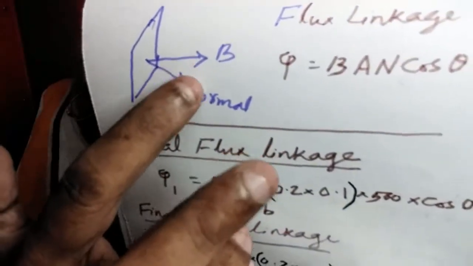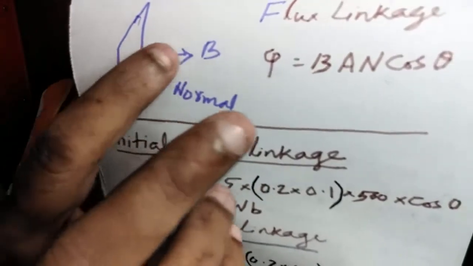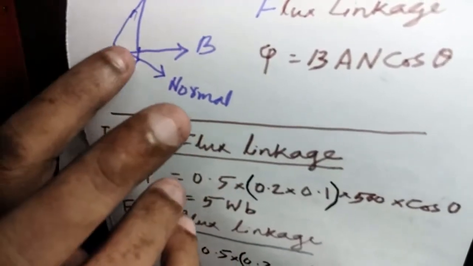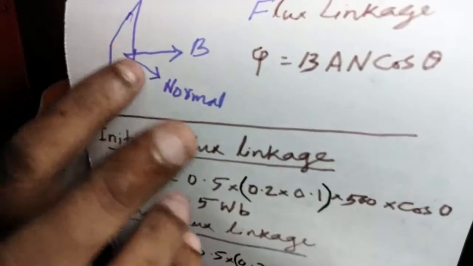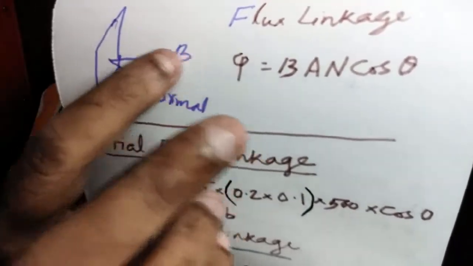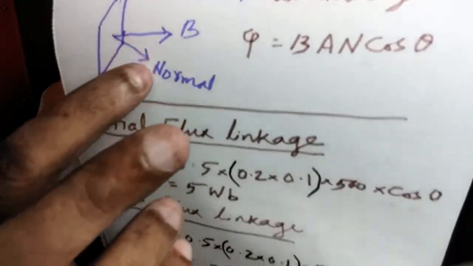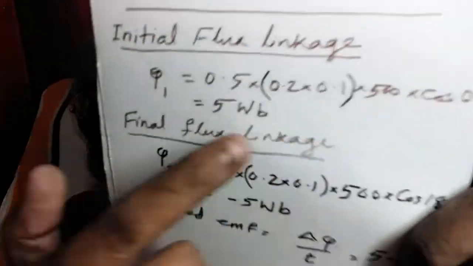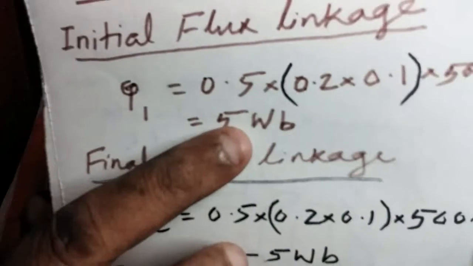Initial value of theta is 0 because the coil is perpendicular to B. That means the perpendicular to the face of the coil coincides with B. Answer is 5 Weber. Weber is the unit of magnetic flux, total flux. Unit of B, flux density, is Weber per meter square or Tesla.